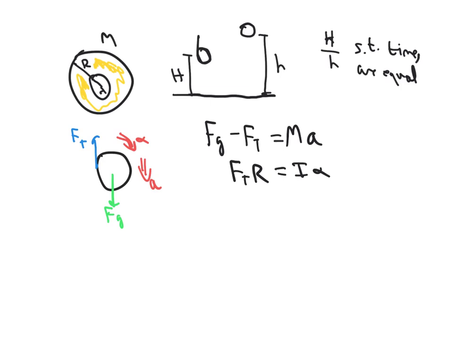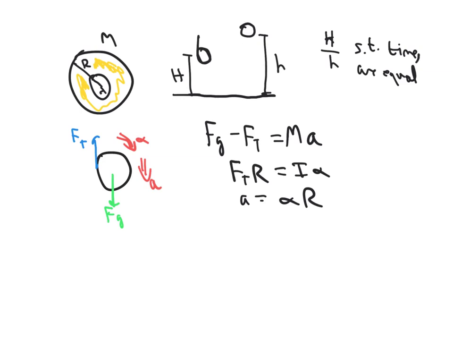And then finally, under the assumption that the roll is unrolling smoothly, we'd also have a connection that A is alpha R.